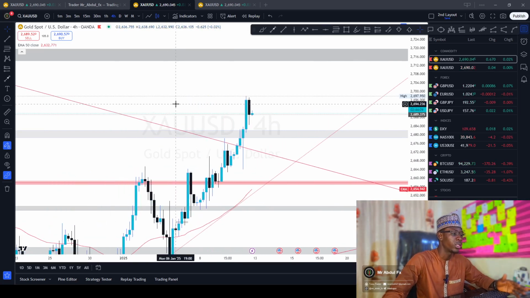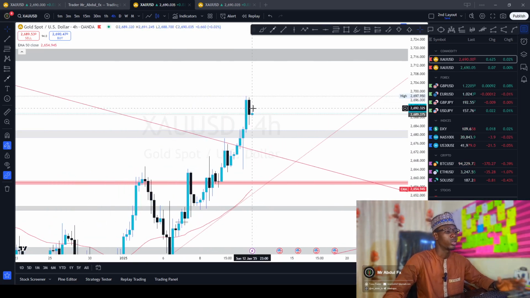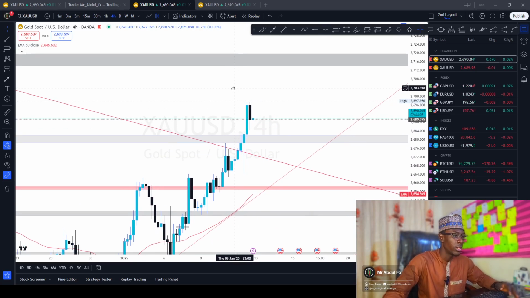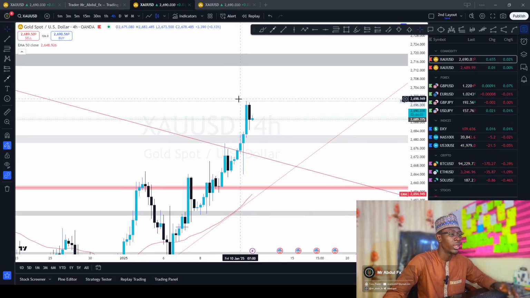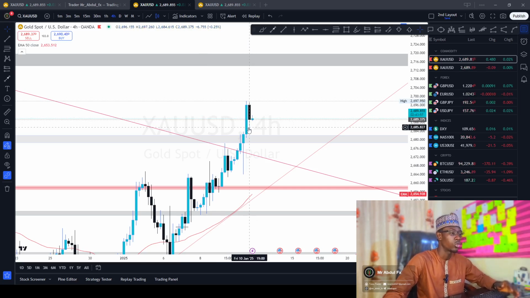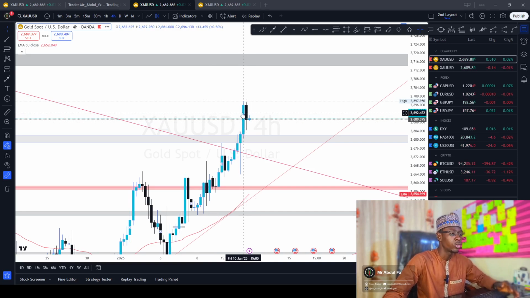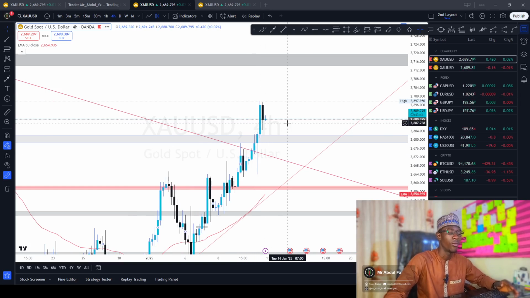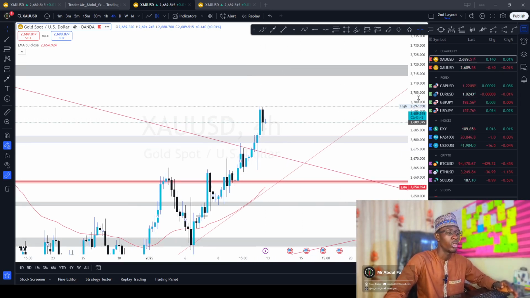Based off of what I am seeing here, I am seeing a rejection candlestick. If you go to the daily time frame, you are going to see that we have rejected here. So this is a very strong bearish candlestick. What I'm expecting is for this 4 hour candlestick to wick up, come down to fill this weak, and possibly retest this trend line for bullish continuation.